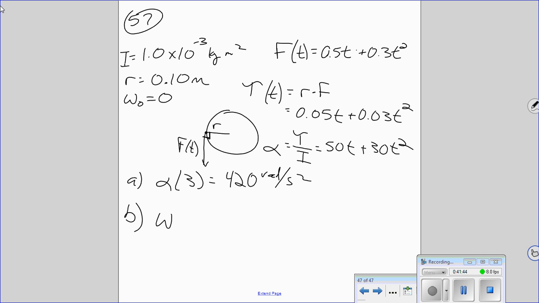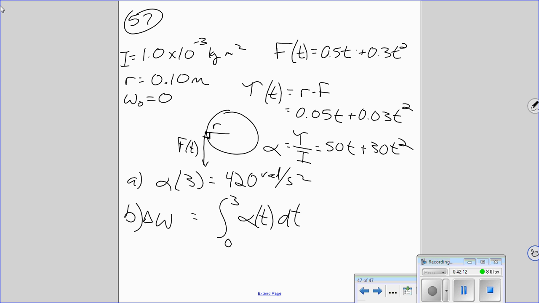Technically what we're doing here is taking the integral of acceleration as a function of time with respect to time, but it's a definite integral, right? We're integrating from time 0 to time 3. But this isn't really right. This doesn't give you omega, it gives you change in omega. Remember you guys, a definite integral gives you the change in the quantity.